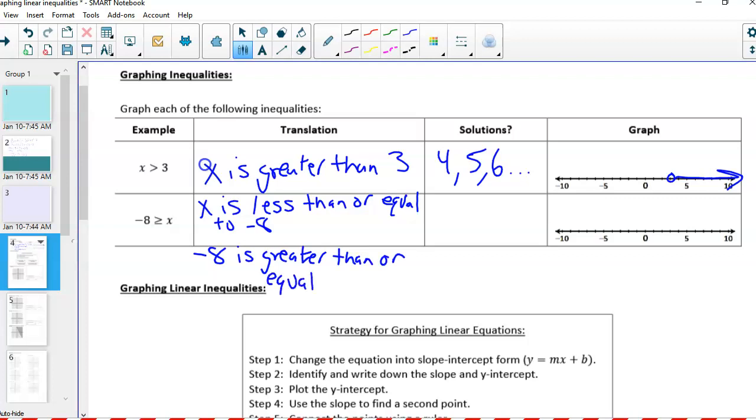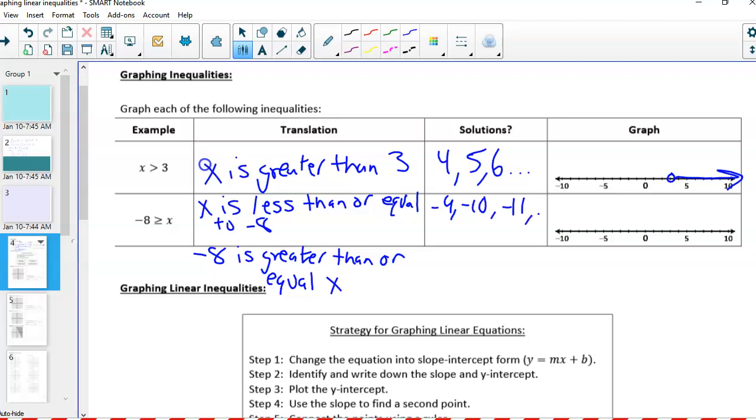You don't need to write both. Pick one. Okay, so what solutions would work for this? It would have to be -9, -10.